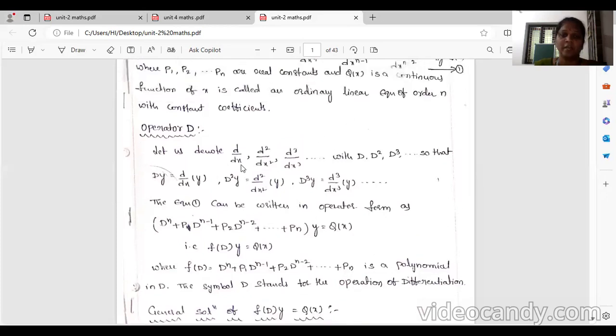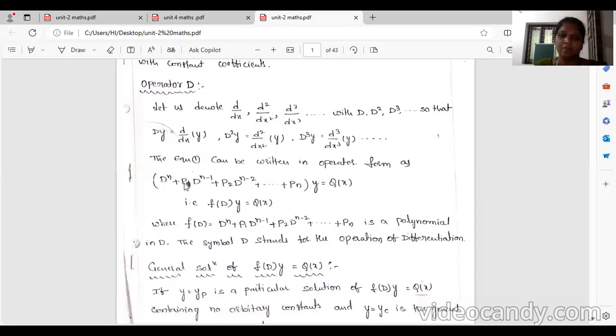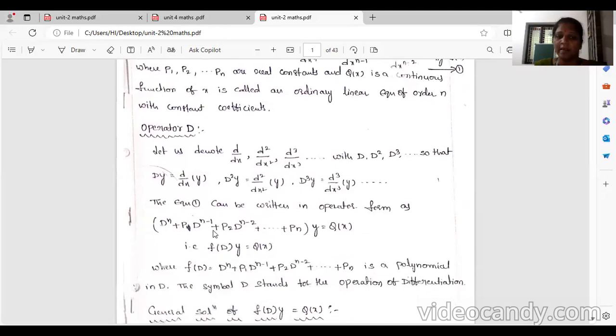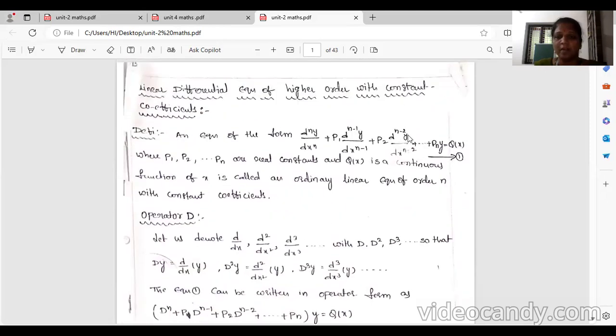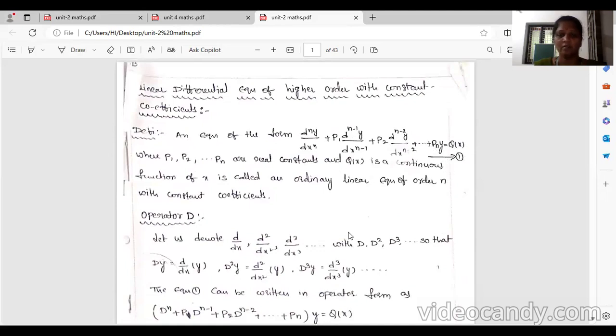So equation 1 can be written in operator form: d^n/dx^n stands for D^n, plus p1 d^(n-1)/dx^(n-1) equals D^(n-1), plus p2 d^(n-2)/dx^(n-2) equals D^(n-2), and so on, pn. Here taking y common, that equals q(x) on the right hand side.